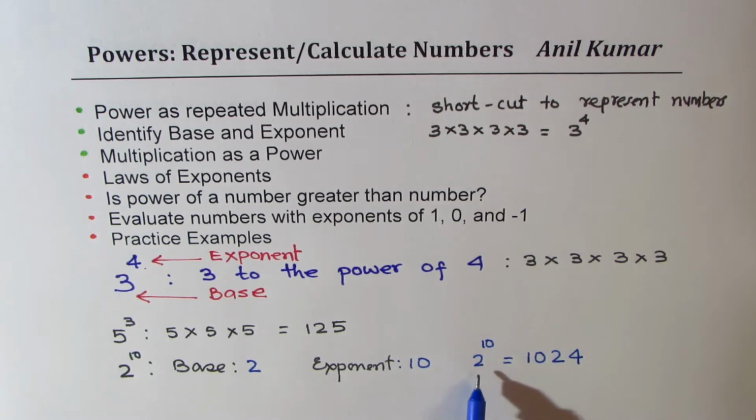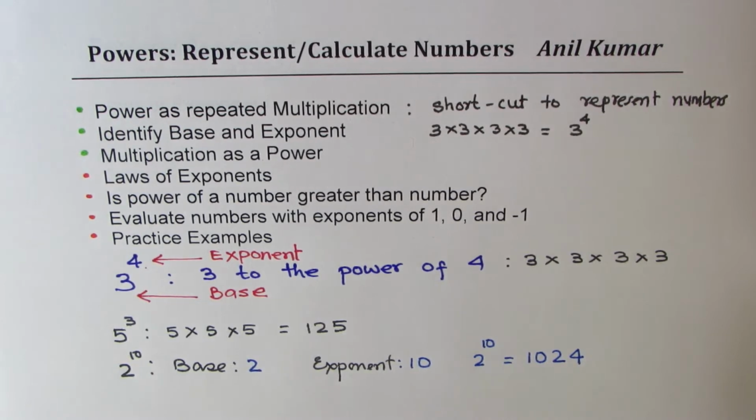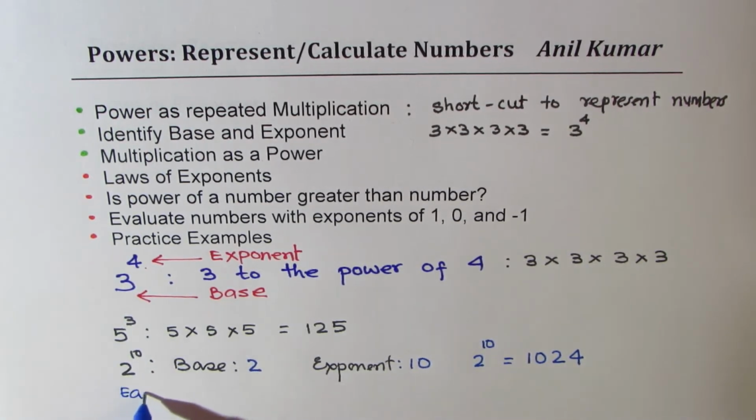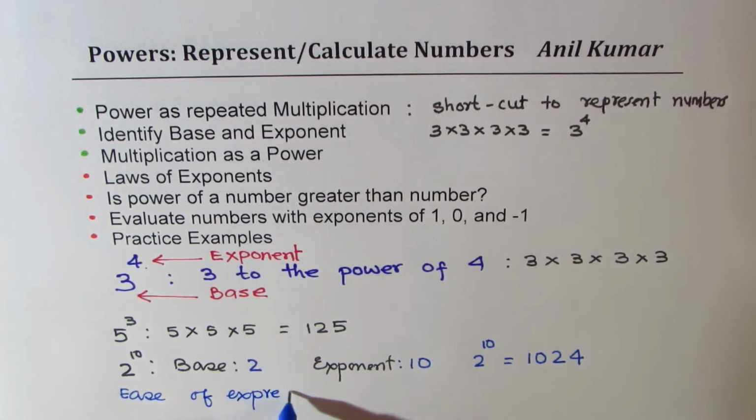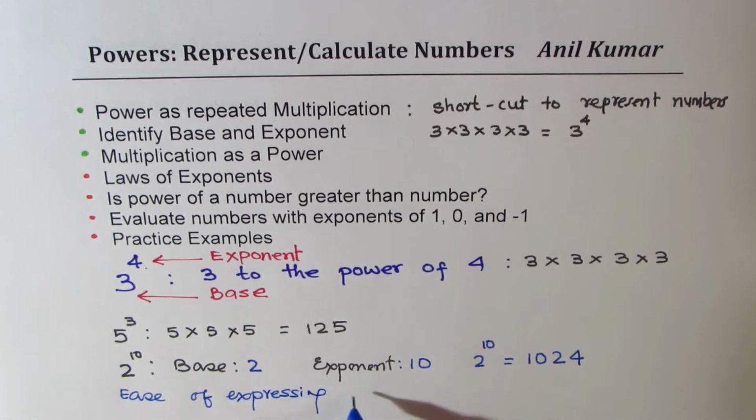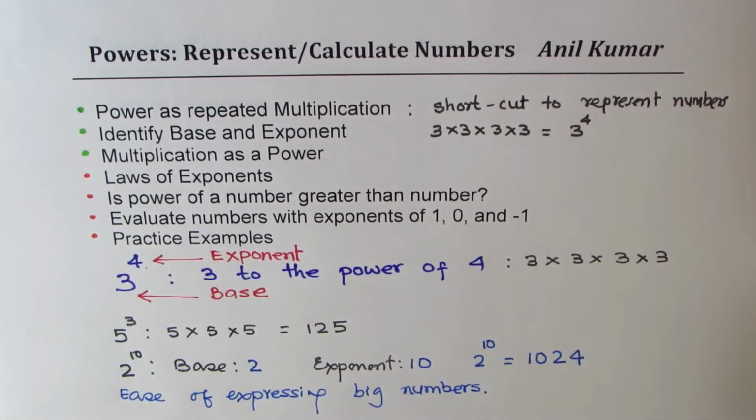So you can see how easy or convenient it is to express in the power form. That's the whole idea: it is ease of expressing big numbers. These are a few advantages of writing numbers in the form of power.